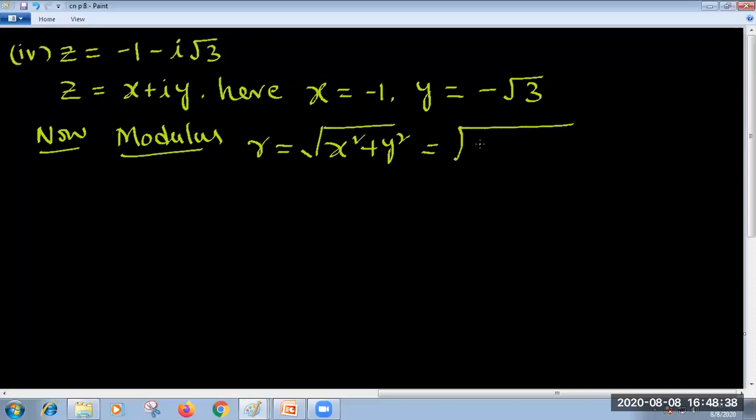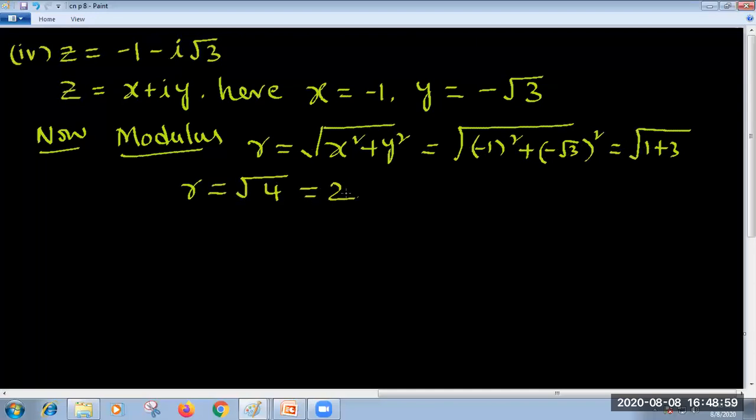So here (-1) square plus (-√3) square, that is equal to 1 plus 3. So r value is root 4, that is, modulus is 2.